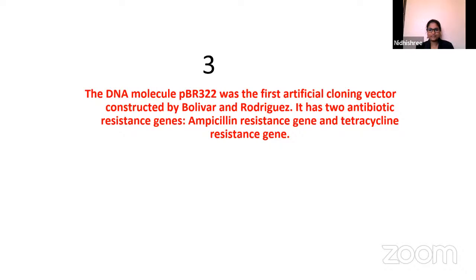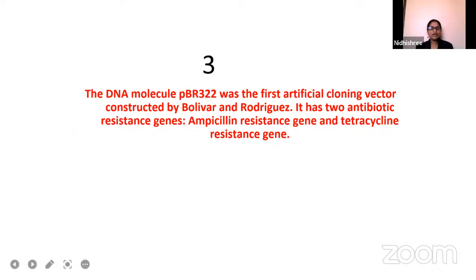Soumya, can you read out the slide? Yes, ma'am. The DNA molecule pBR322 was the first artificial cloning vector constructed by Bolivar and Rodriguez. It has two antibiotic resistance genes, ampicillin resistance gene and tetracycline resistance gene.